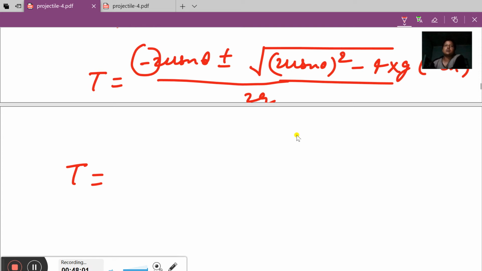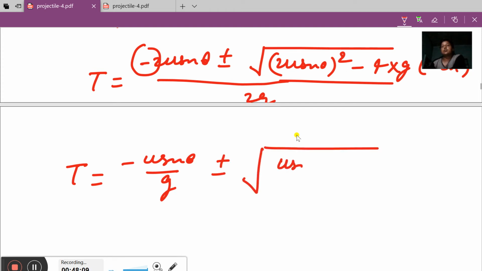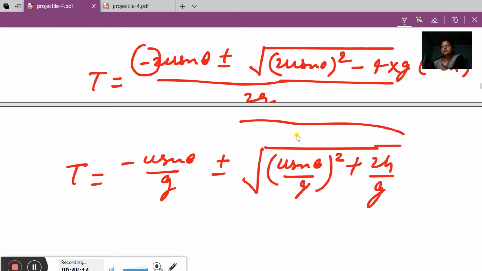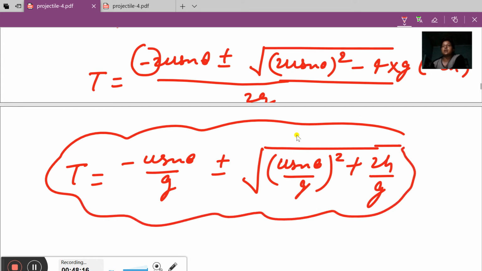So t equals minus u sin theta over g plus minus under root u sin theta over g whole square plus 2h over g. So this is the required time of flight.